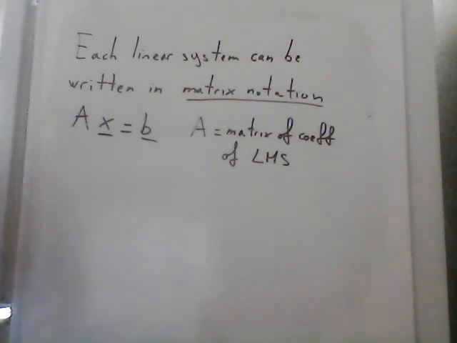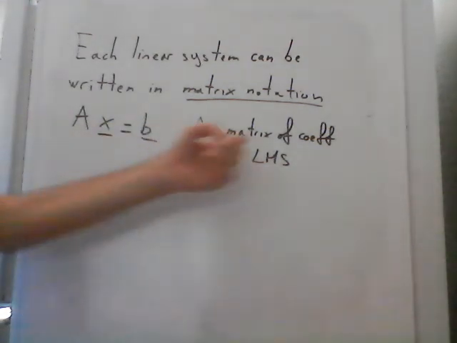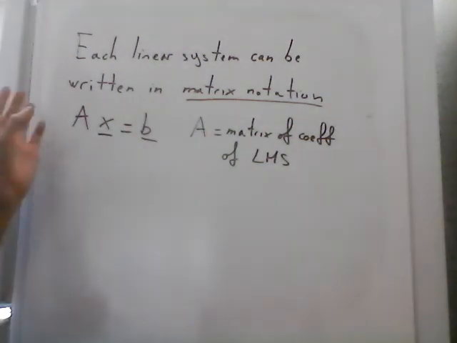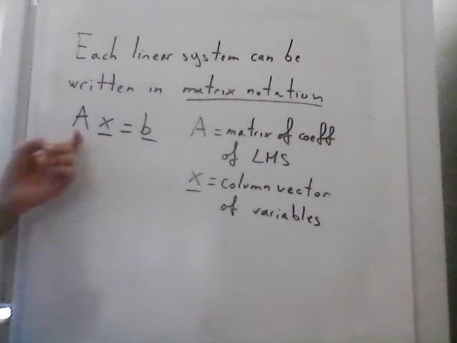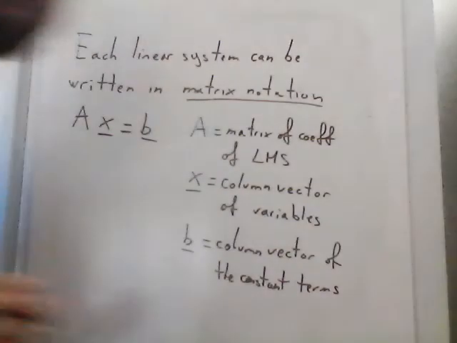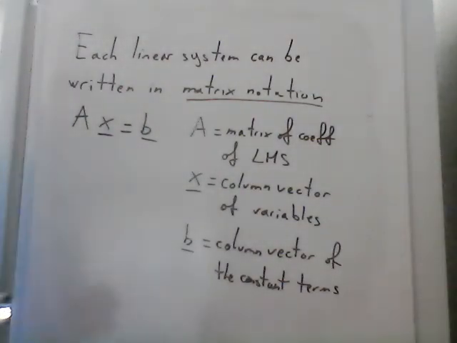A linear system is given by a bunch of equations, and A is obtained by taking the coefficients of the left-hand sides of the equations. x is a column vector of the variables that are in the equations, and b is the column vector of the constant terms that are the right-hand sides of the equations.